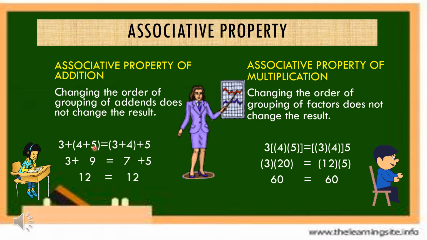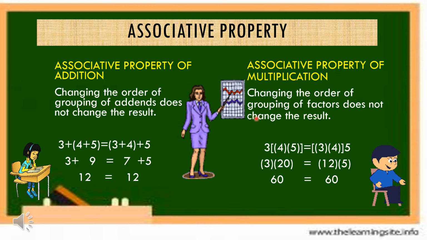Sa pangalawa, ang pinagroup natin ay 3 at 4. Kahit napalitan natin ang grupo ay hindi pa rin nagbabago ang sagot. So 4 plus 5 is 9, 3 plus 9 is 12, 3 plus 4 is 7, 7 plus 5 is 12, 12 equals 12.